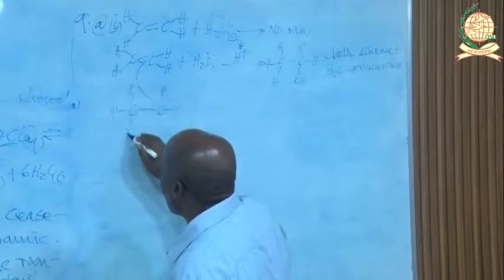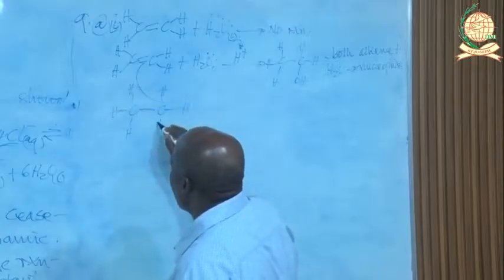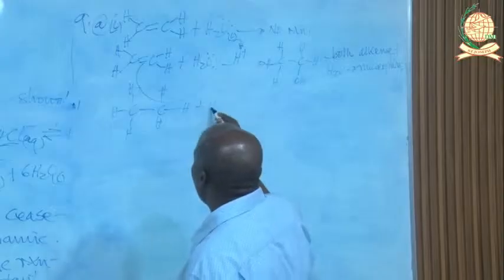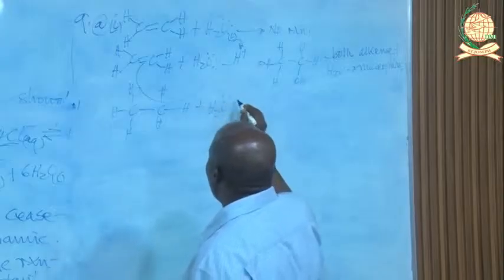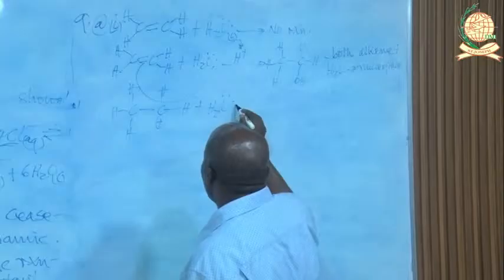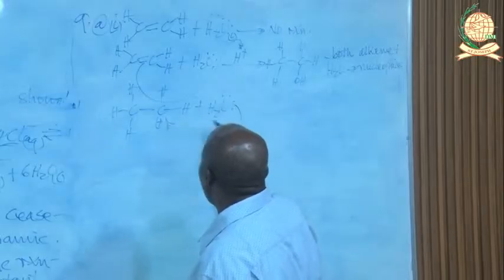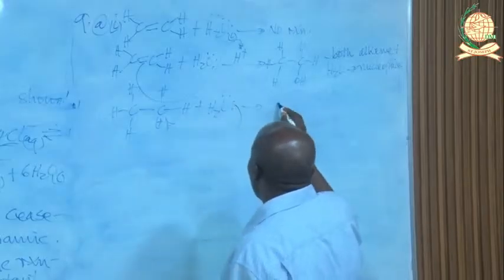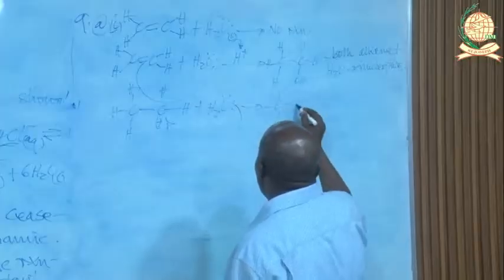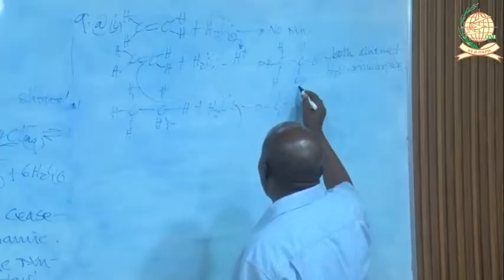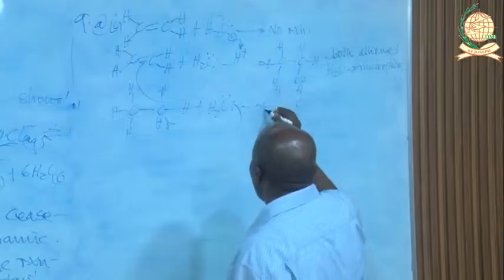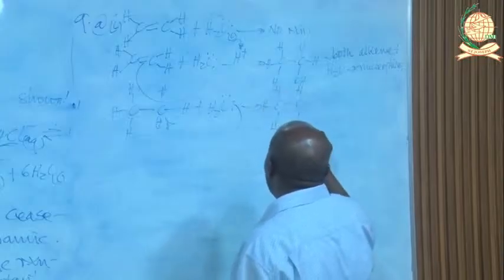This becomes positive. Now here it can be attacked by a lone pair of electrons, and then finally you will end up with the formation of an alcohol, and the acid will regenerate.